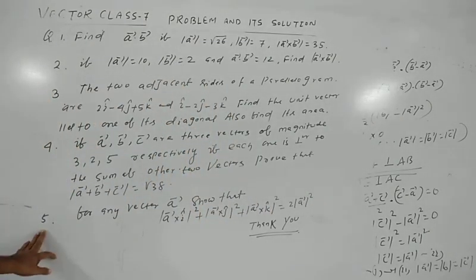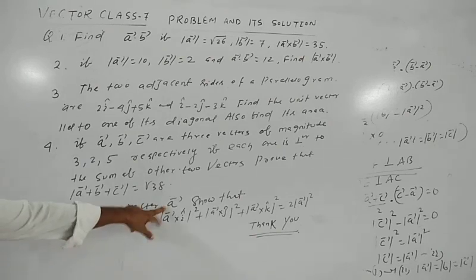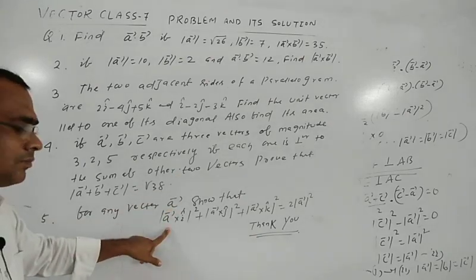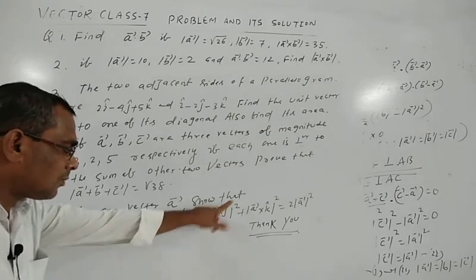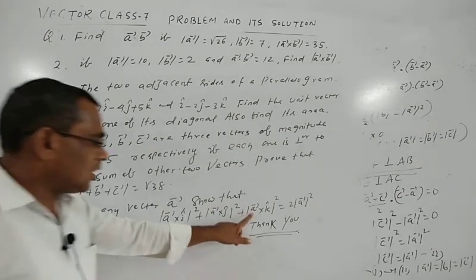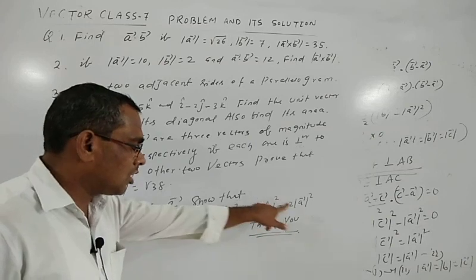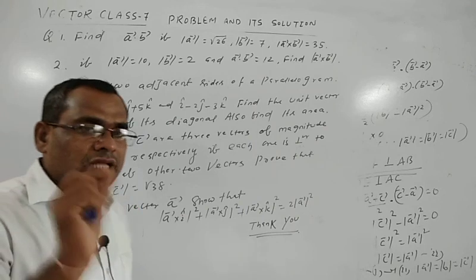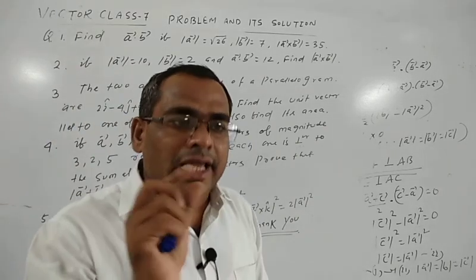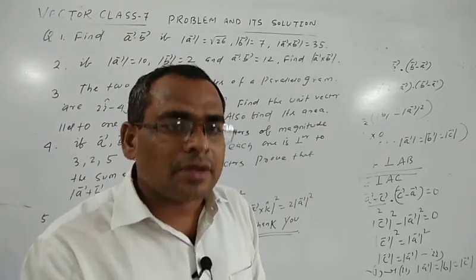Okay. Next question: for any vector A bar, prove that A vector cross i cap magnitude square plus A vector cross j cap magnitude square plus A vector cross k cap magnitude square is equal to 2 times A vector magnitude square. For any vector, you take A vector equal to x i cap plus y j cap plus z k cap.